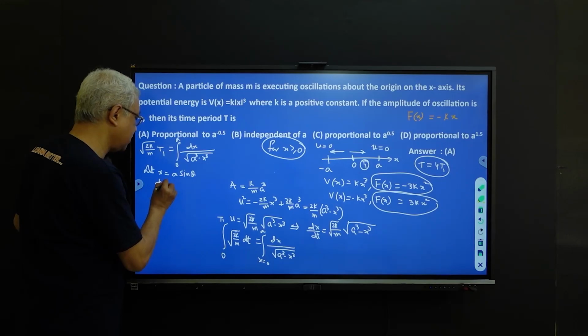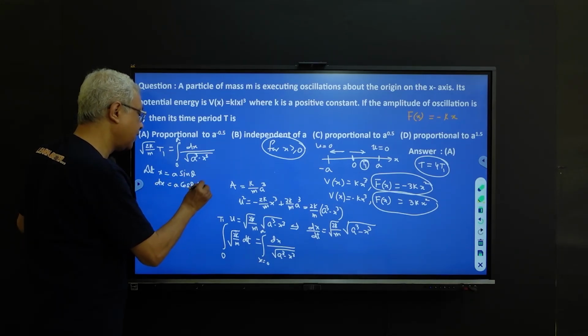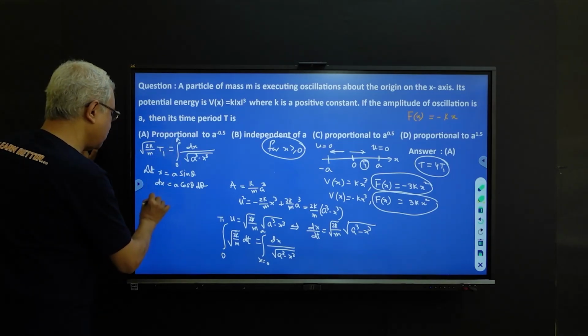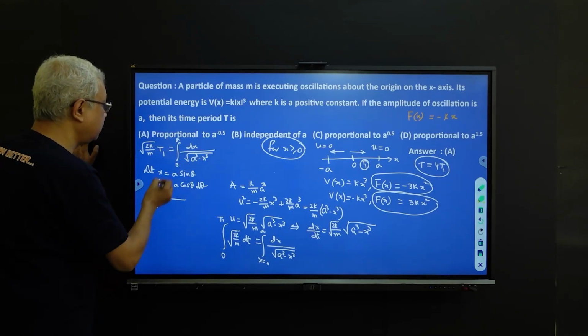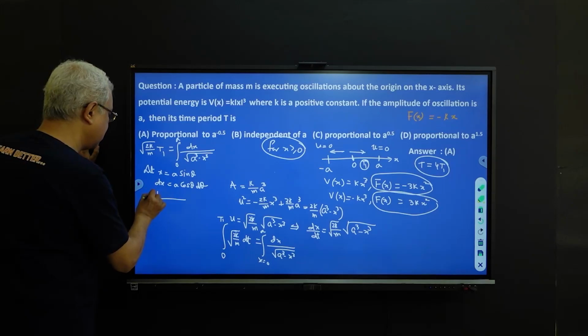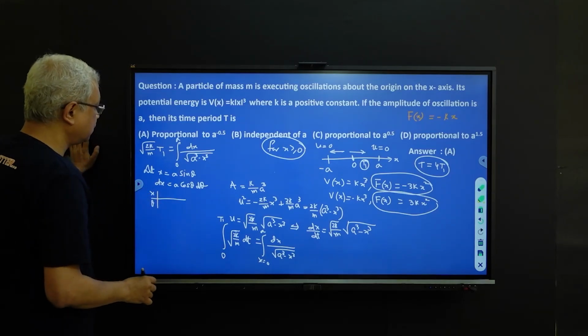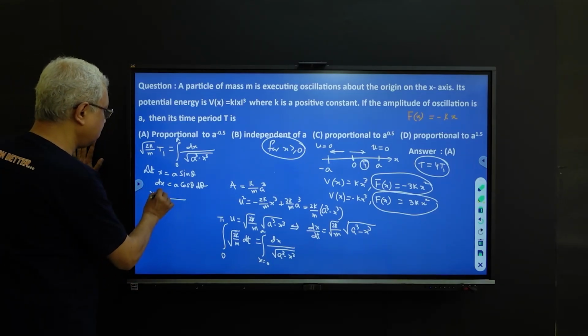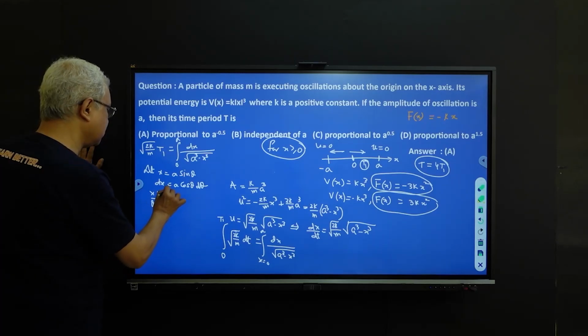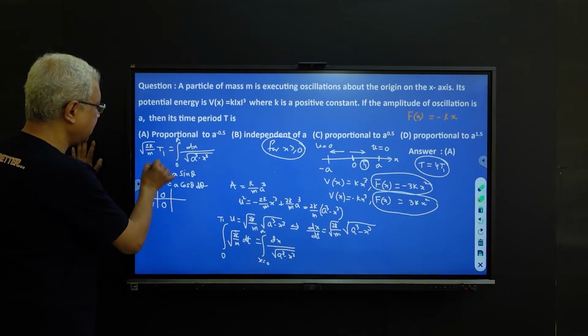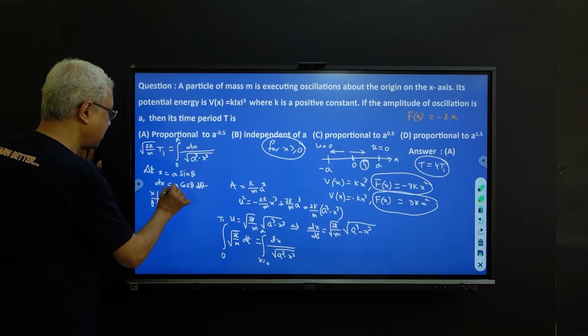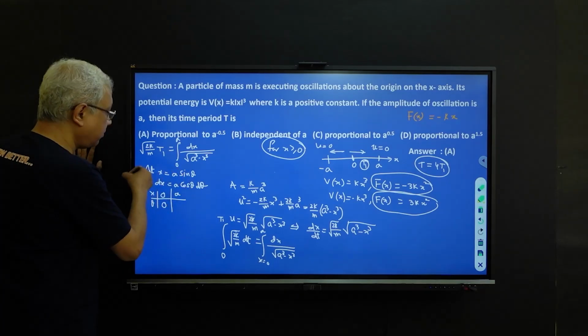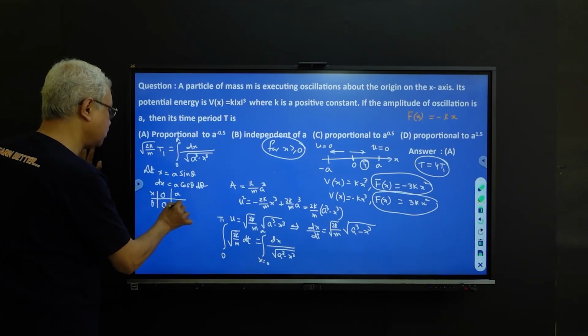So dx is equal to a cos theta d theta. Since you have changed the variable from x to theta, the limits of integration also will change. When x equal to 0, theta is also equal to 0, and when x is equal to a, sin theta becomes 1 and theta becomes pi by 2.